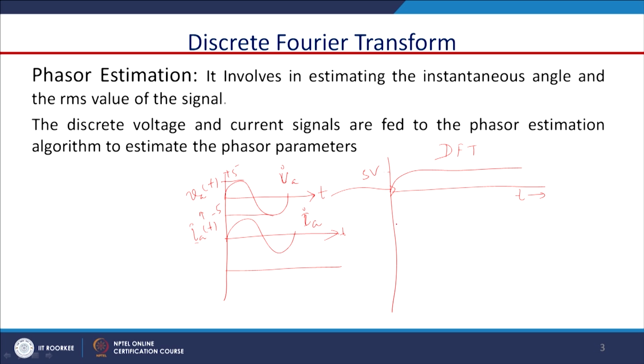Similarly, what will be the angle information? The angle will just rotate within 180 degree and repeat. So, this is 180 degree, 360, 180 degree, 360. Within a cycle, this is one complete cycle of the angle like this. So, this is the magnitude of the signal and this is the angle of the signal.